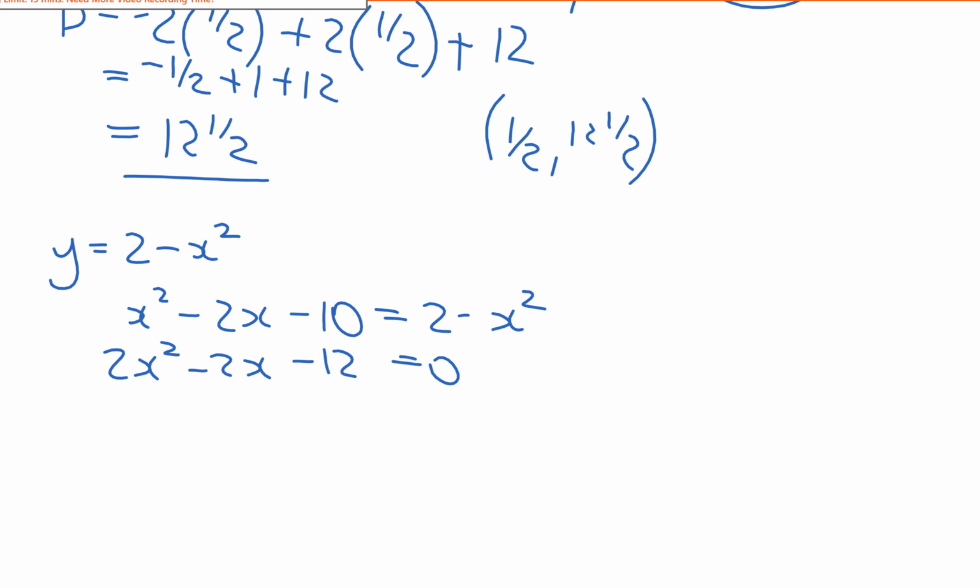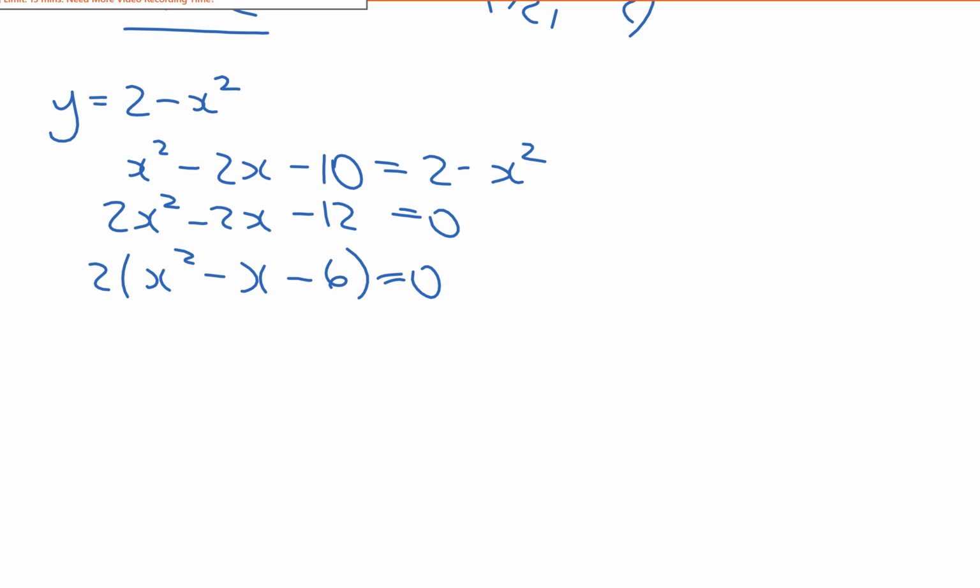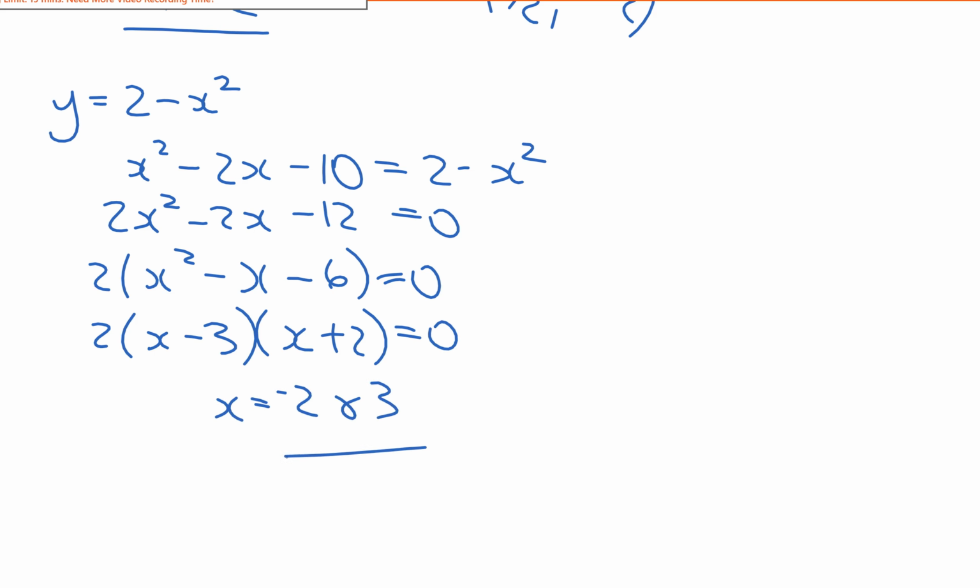Okay, how do I solve that quadratic? Factorise, ideally you can factorise. So it's going to be x minus 3, x plus 2. So x is going to be negative 2 and 3.